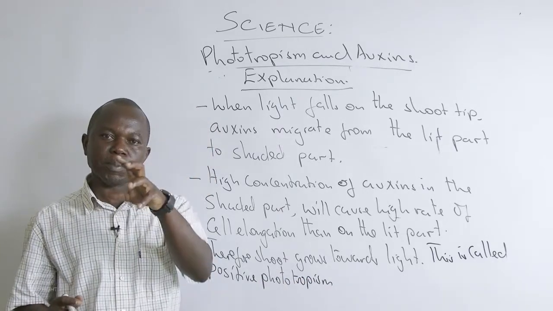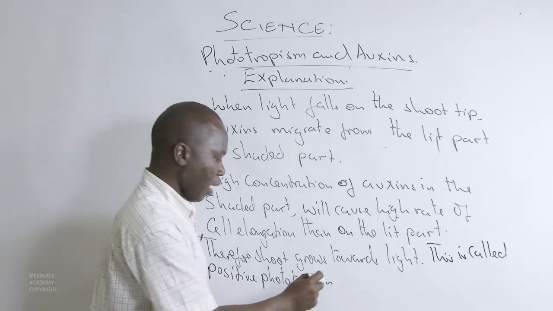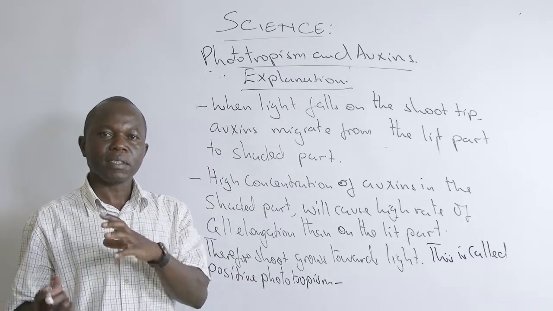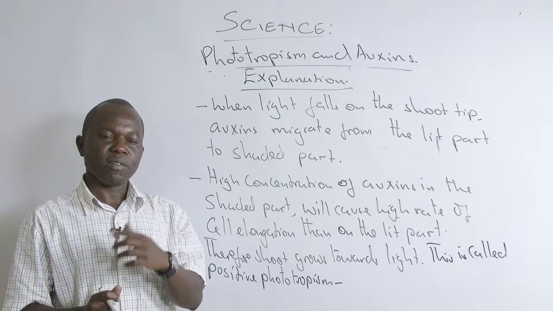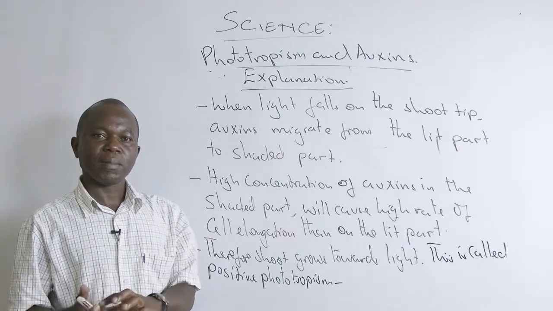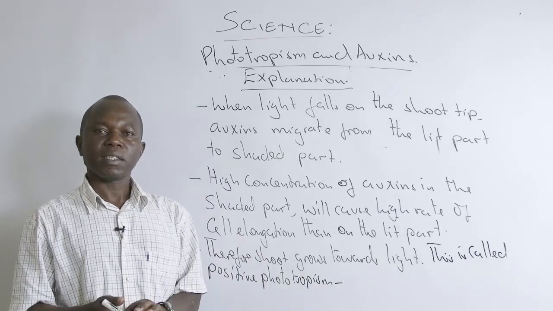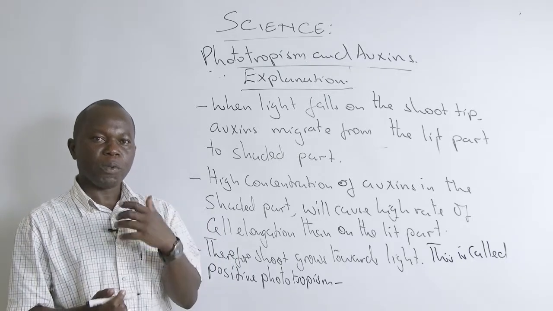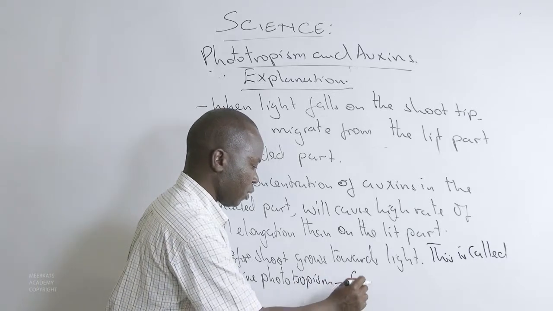Because the plant part is moving towards the direction of the stimulus, and it's important. Why is it that plants or plant leaves or shoots must grow towards light? We have already given reasons that light is important for photosynthesis. If the plant is going to move towards light, then it's going to expose leaves to sunlight, which is important for the process of photosynthesis.